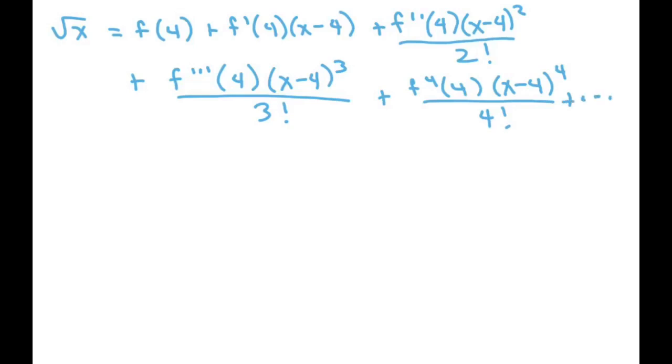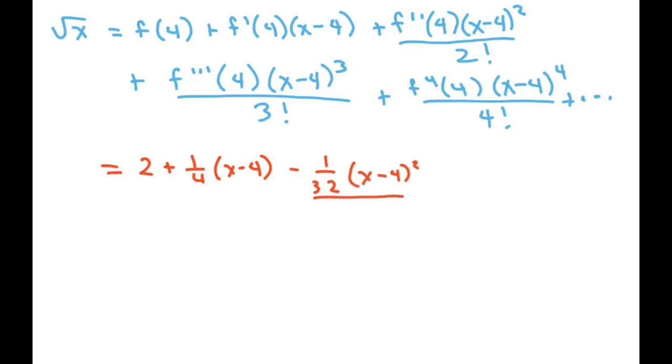It continues on and on. Now, using substitution, I know my numbers, and I hope you wrote them down, so we're just going to get 2 plus 1/4 times x minus 4 minus 1 over 32 times x minus 4 squared over 2.